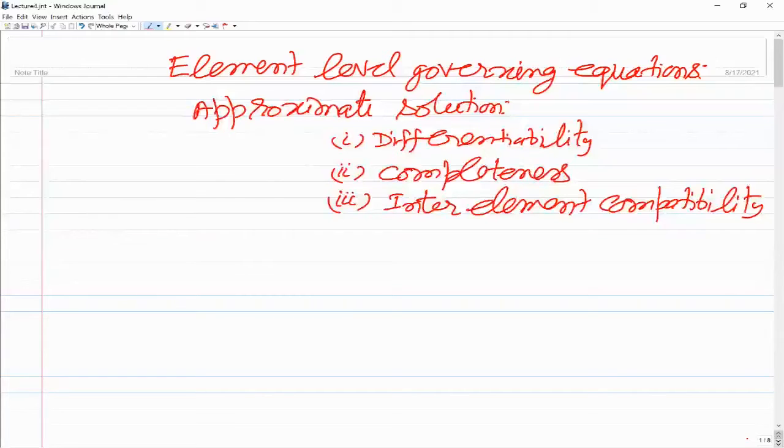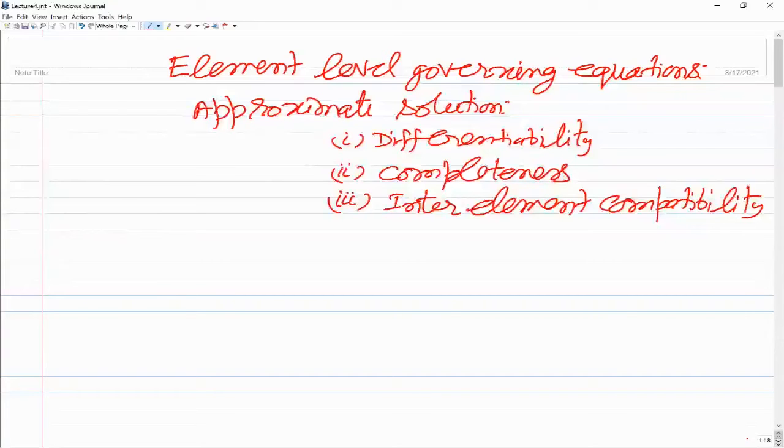And the completeness means whatever highest degree term is present in the approximate solution, all the lower degree terms, starting from constant, should be present in the approximate solution. That is completeness.